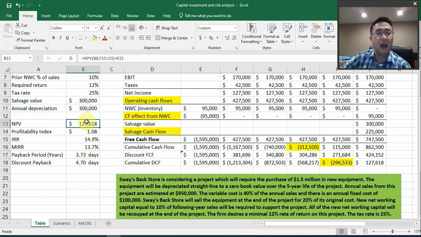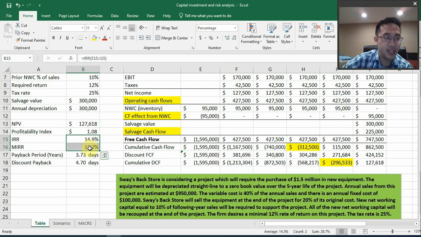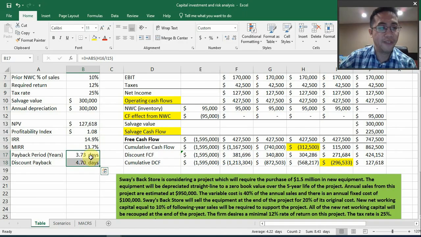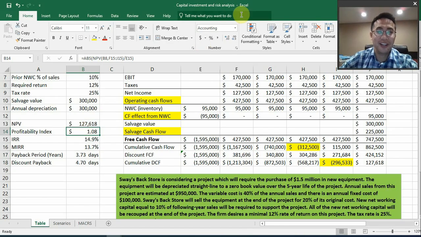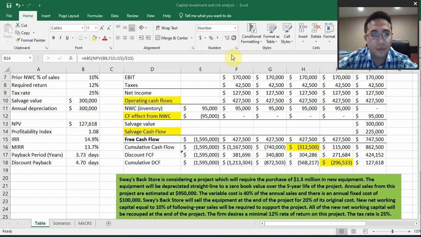Some of them are expressed in dollar figures like NPV. Some of them are in a percentage, and some of them will be in number of days. And the profitability index is actually a ratio. It should not be put as a dollar figure, so I just use it as a general number here.